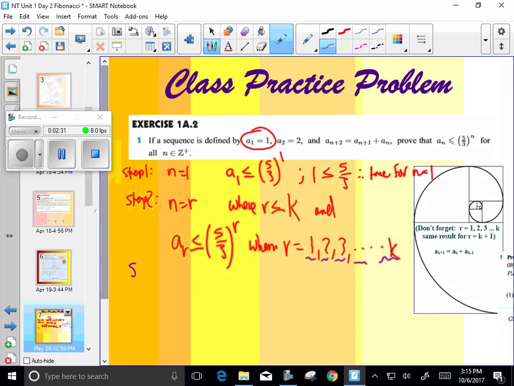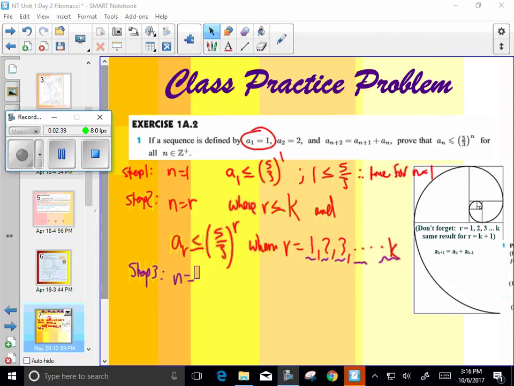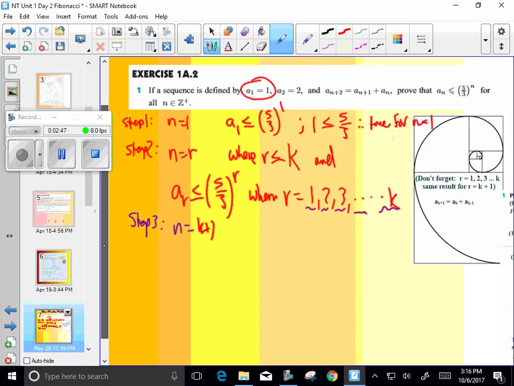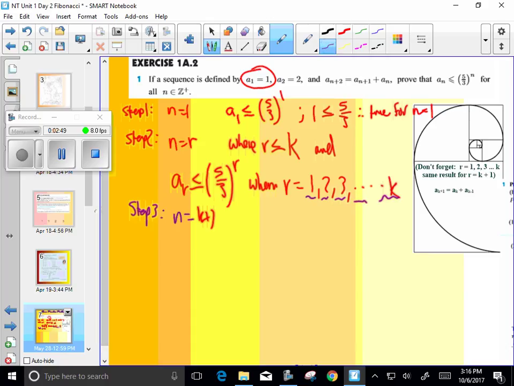All right, then we do step 3, the favorite step of them all. n equal to k plus 1. To do that, we're just going to do a little bit of fiddling. a(k+2) is equal to a(k+1) plus a(k).